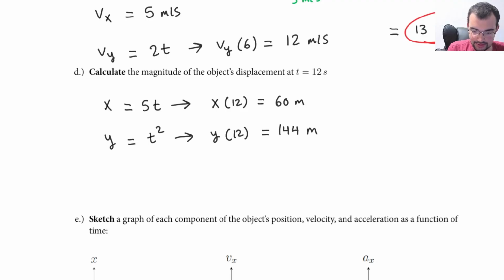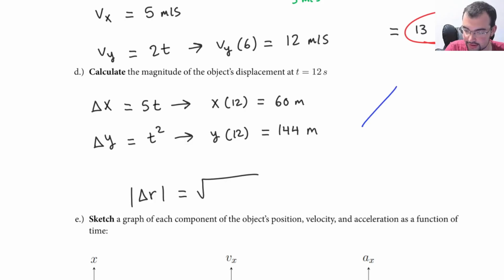So then we can calculate the displacement because we know that the displacement is just the Pythagorean theorem. So our displacement, again, it's a pretty similar looking triangle, where we got 60 meters this way, 144 meters this way.